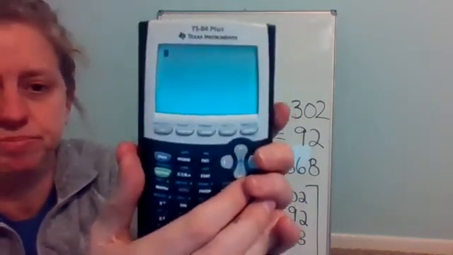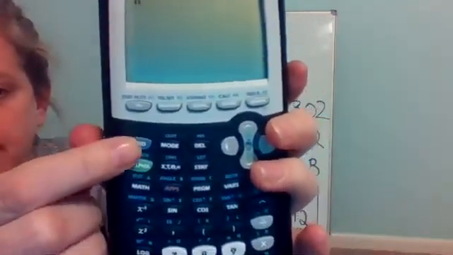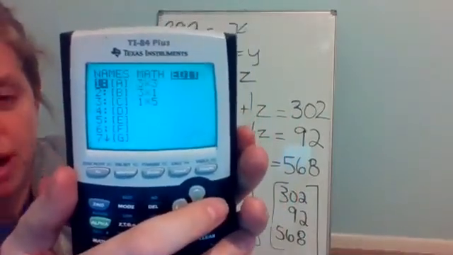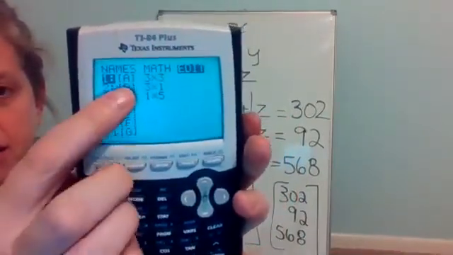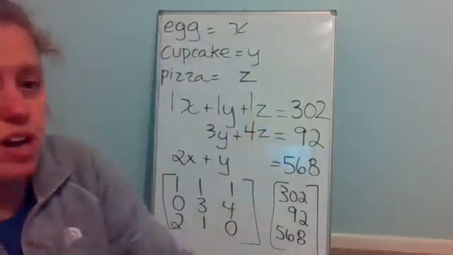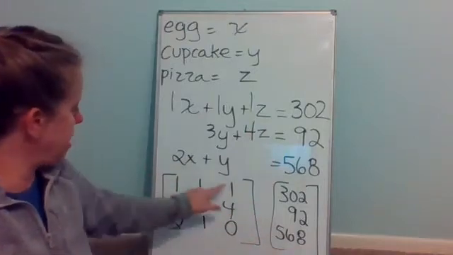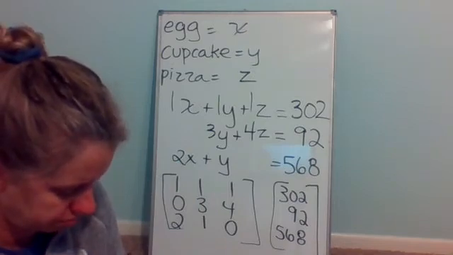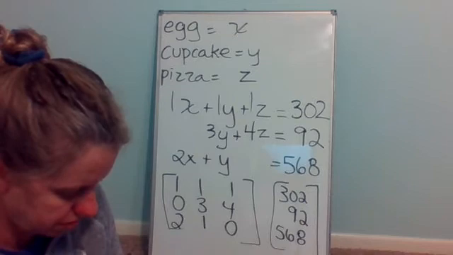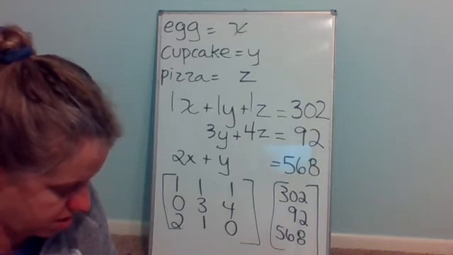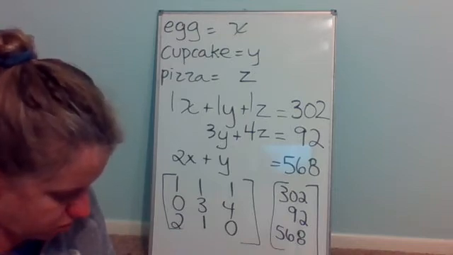So just clear it out. Go to matrix. I am making new matrices again. Make sure you go over to edit and stay on matrix A. Here's where you're going to enter your new numbers: 1, 1, 1, 0, 3, 4, and 2, 1, 0.